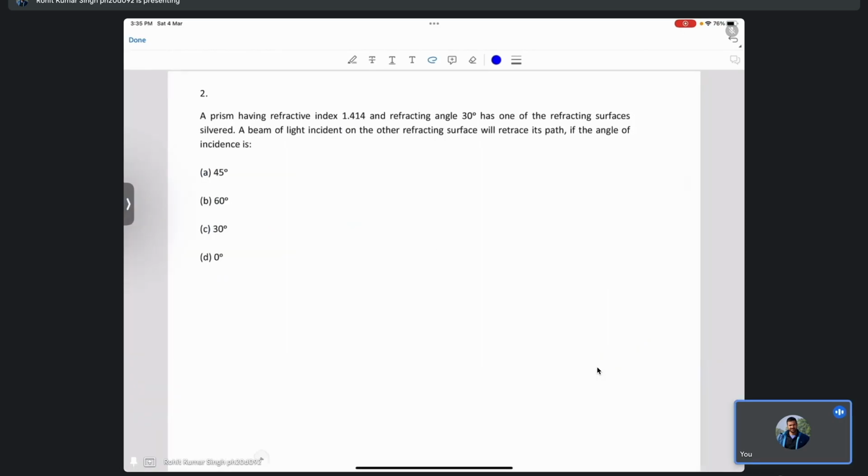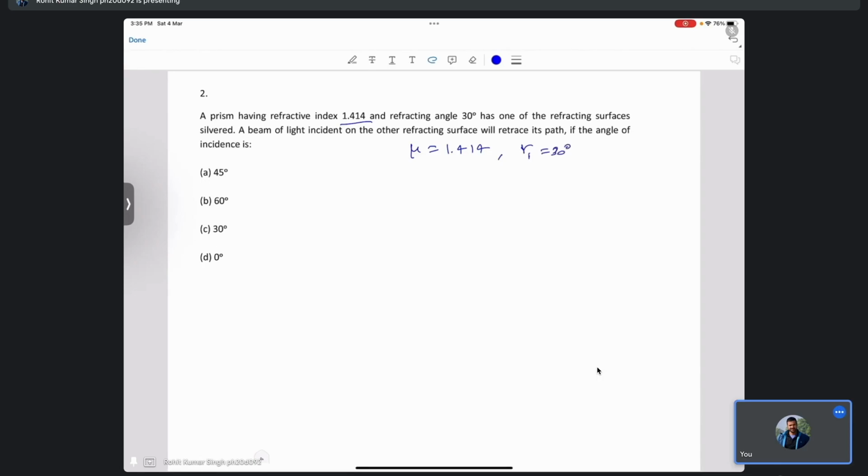Okay, then let's move to the next problem. So here the question is, a prism having refractive index 1.414. So mu is given as 1.414, and the refracting angle is 130 degree.